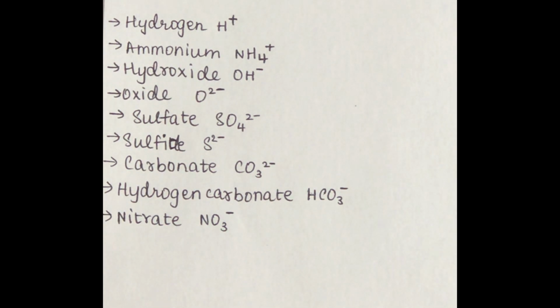Hydroxide ion is OH-, oxide ion is O2-, sulfate ion is SO4 2-, sulfide ion is S2-, carbonate ion is CO3 2-, hydrogen carbonate ion is HCO3-, and nitrate ion, we've used this in the example, it's NO3-.